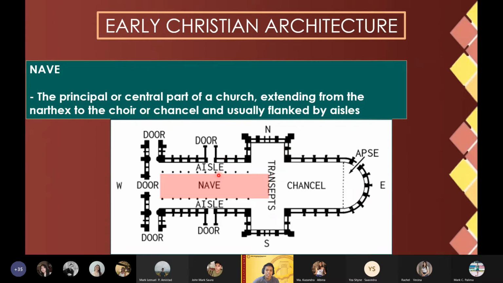So nave, aisles, padong ka diri sa chancel. You're very familiar with this one. Inig-sulod nimo sa church, muna siya ang murag hallway padong sa altar. So that's what you call nave. And those gagmay nga agianan, those small walkways on your left side and the right side, that's what you call aisle.